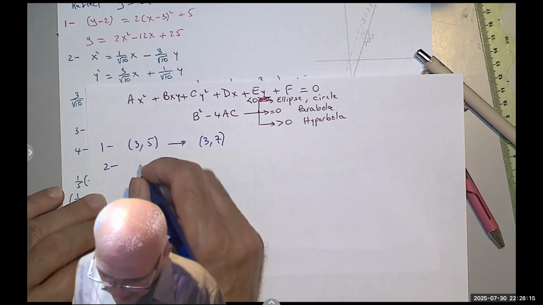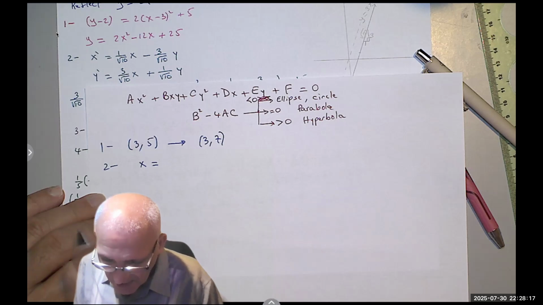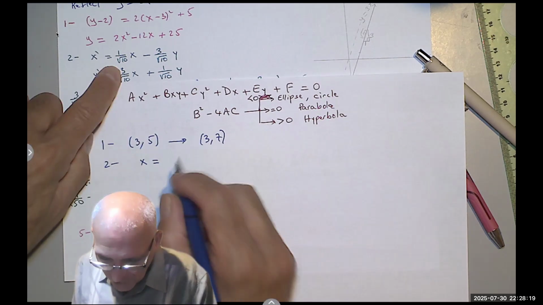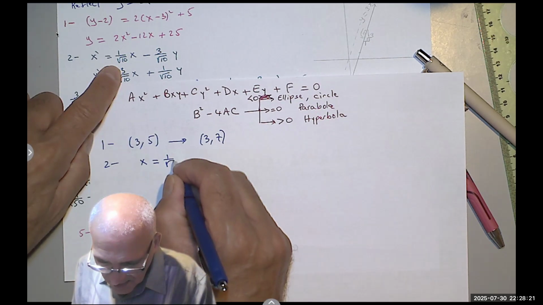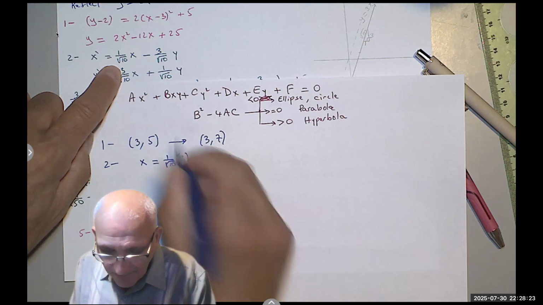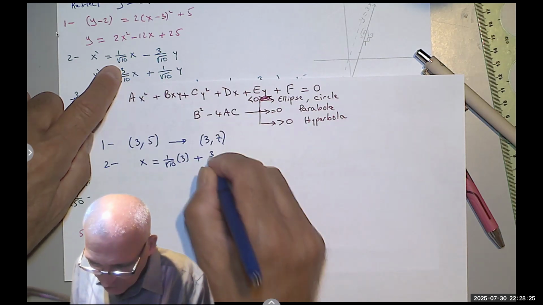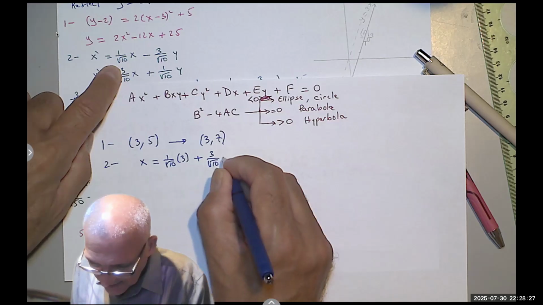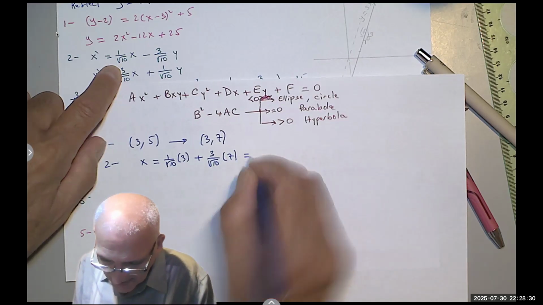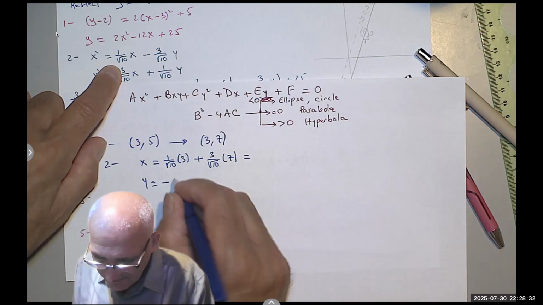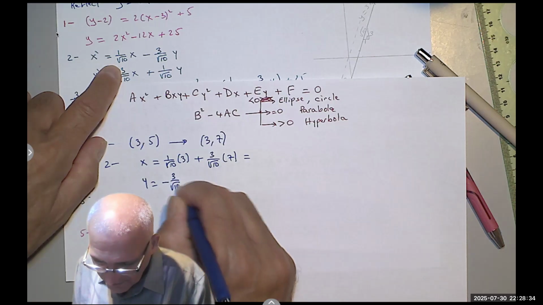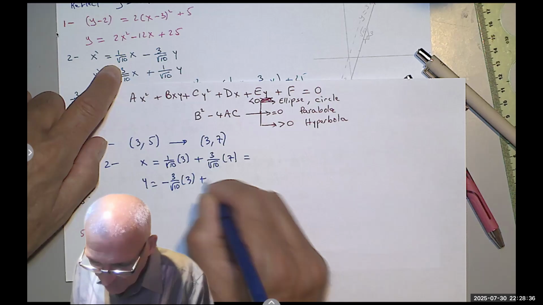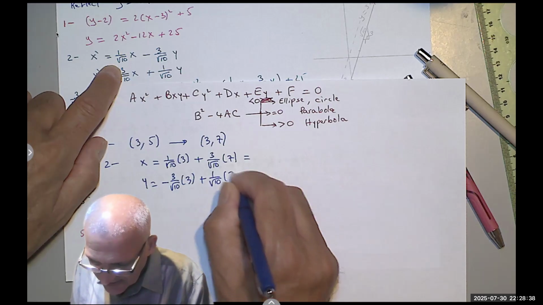Here I'm going to say the new x would be 1 over root 10 times 3 plus, not minus, plus 3 over root 10 times 7. And the y would be negative 3 over root 10 times 3 plus 1 over root 10 times 7.